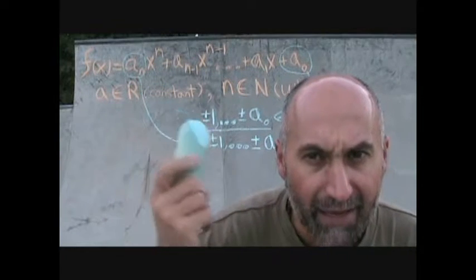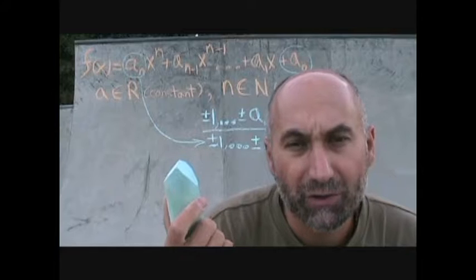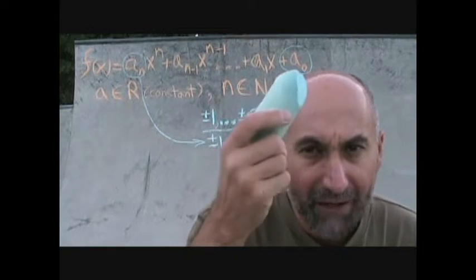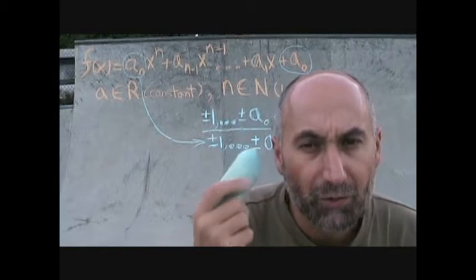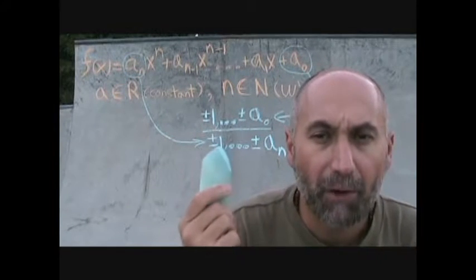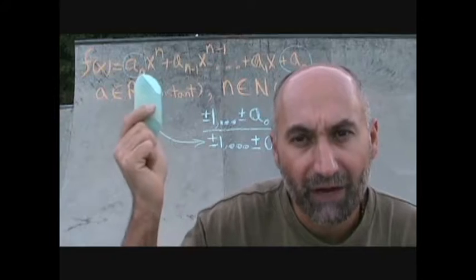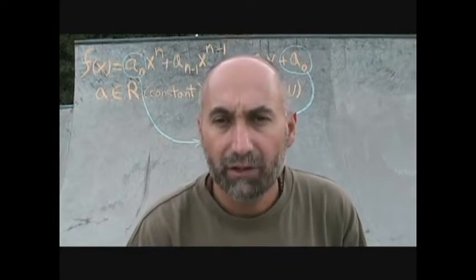And you get into fractions once you get in there. So the way you can think about it is, it's just the possible factors of that guy divided by the possible factors of that guy. Let's move down and do one example, and then you'll see how it works out.